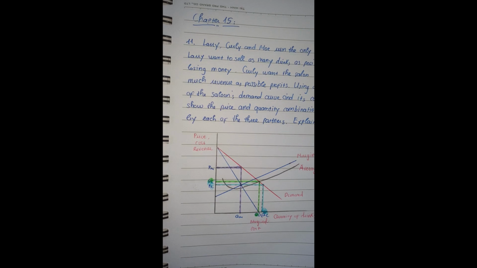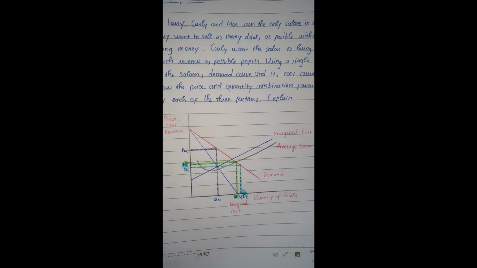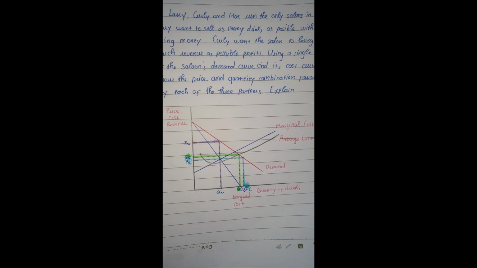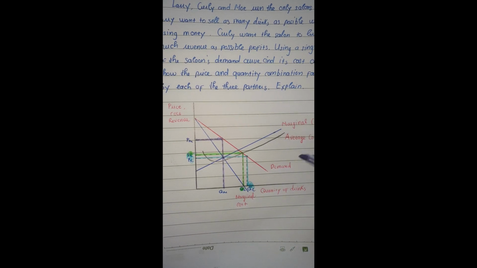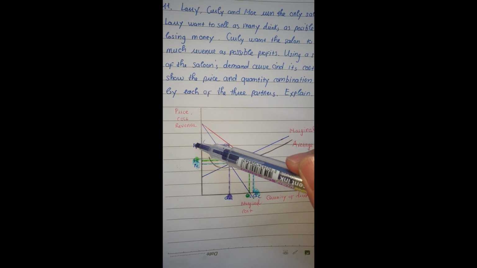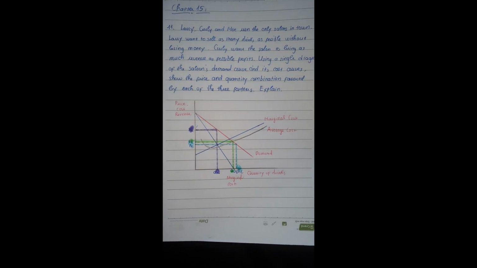Mo wants to maximize profits, which occurs where marginal cost equals marginal revenue at quantity QM and price PM. And that's the end of the question.